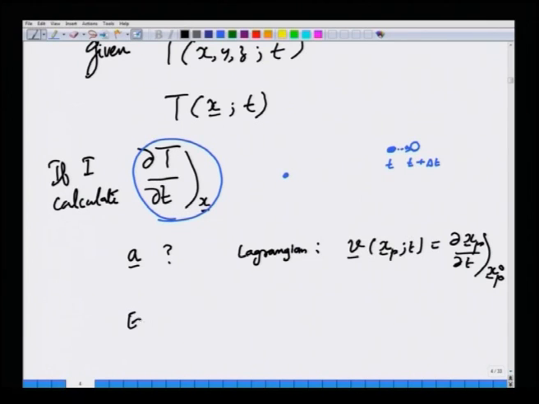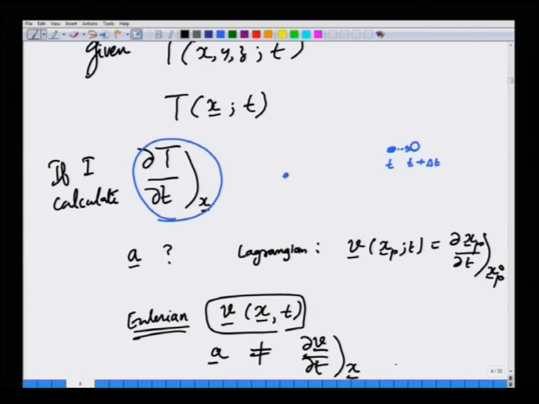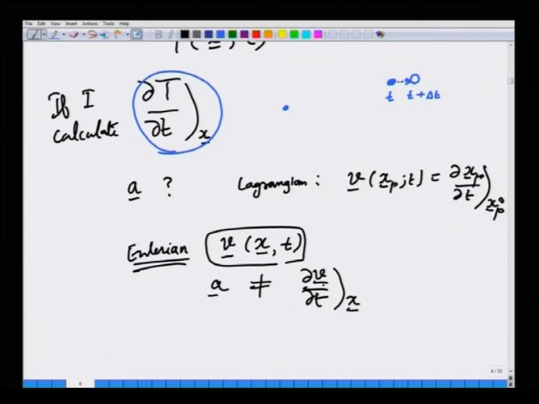But in the Eulerian description, V is written now not as a function of the initial positions, but rather the spatial locations in a coordinate system. So, first of all, I do not have this particle path information. Even if I have the velocity information in the Eulerian sense, I cannot calculate acceleration as partial v partial t, because now I am not following the same particle, I am merely sitting at the same point in space.